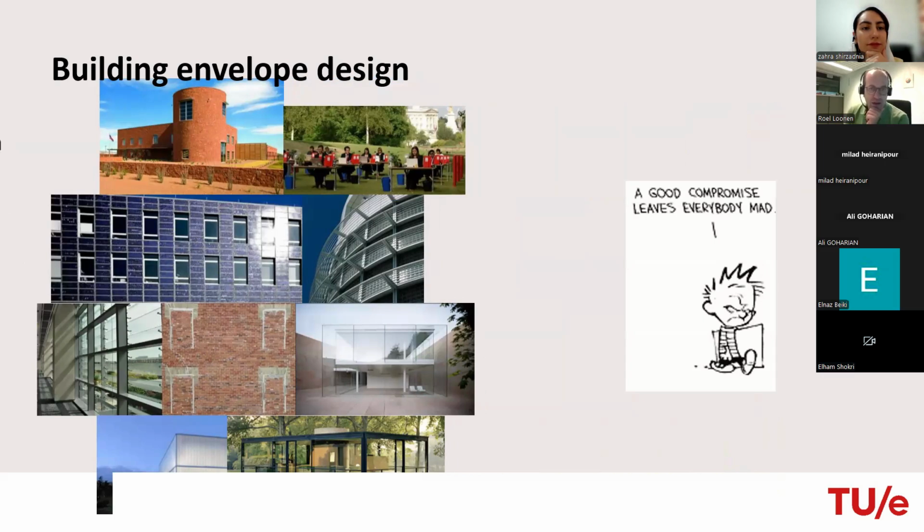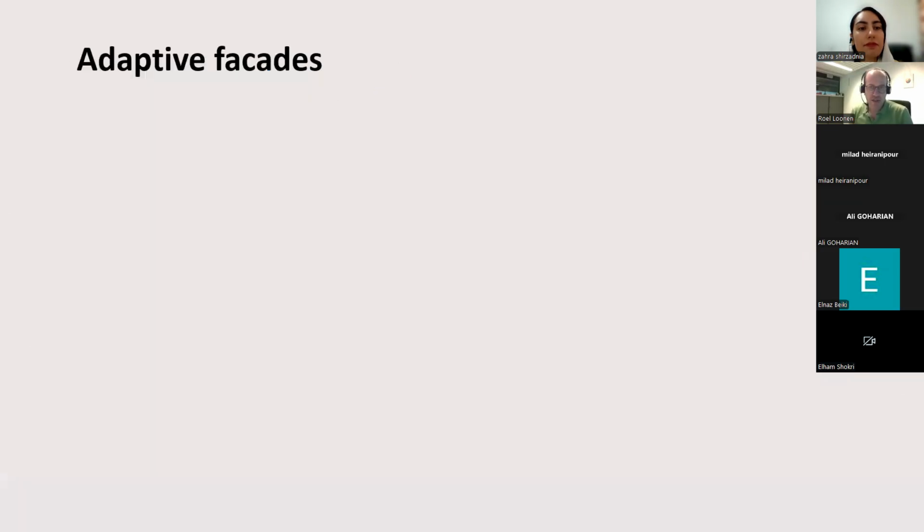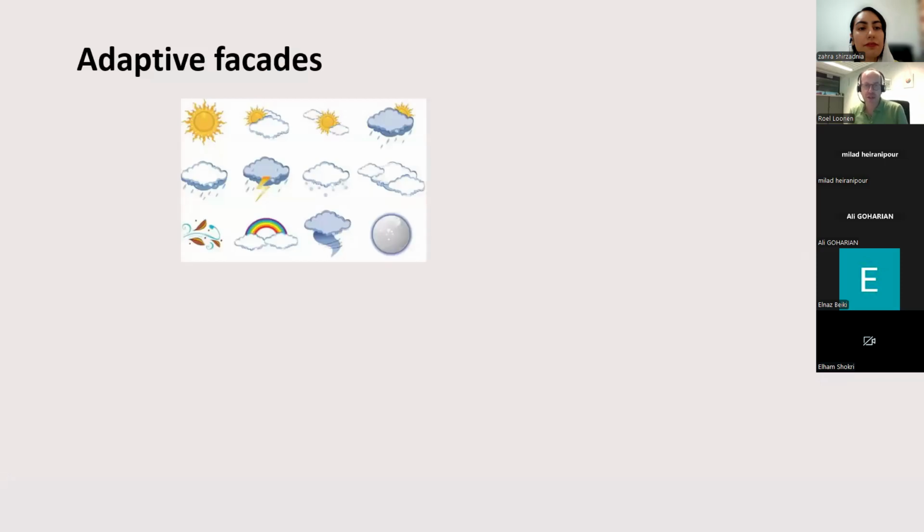And the main reason here, which links to the main topic of the workshop also, is that the envelope, so the properties of the building envelope is fixed. It doesn't change over time, and therefore is unable to respond also to the large variation that we have in terms of weather conditions. So that's both throughout the day. It's also about day-night cycles, and it's about seasons.